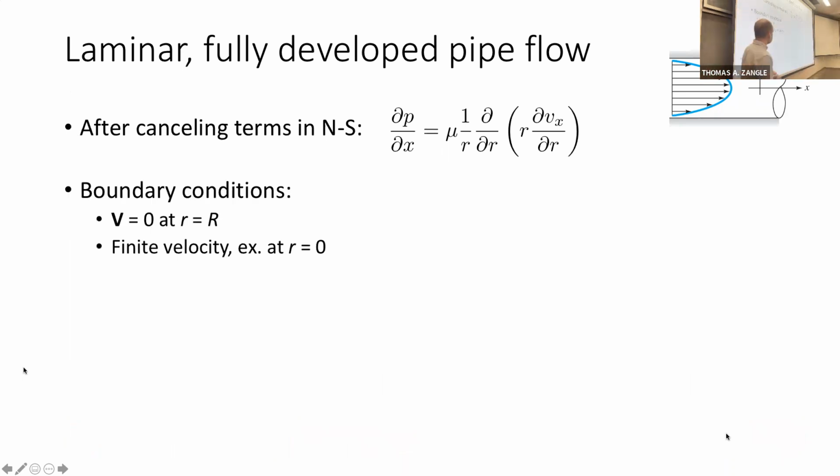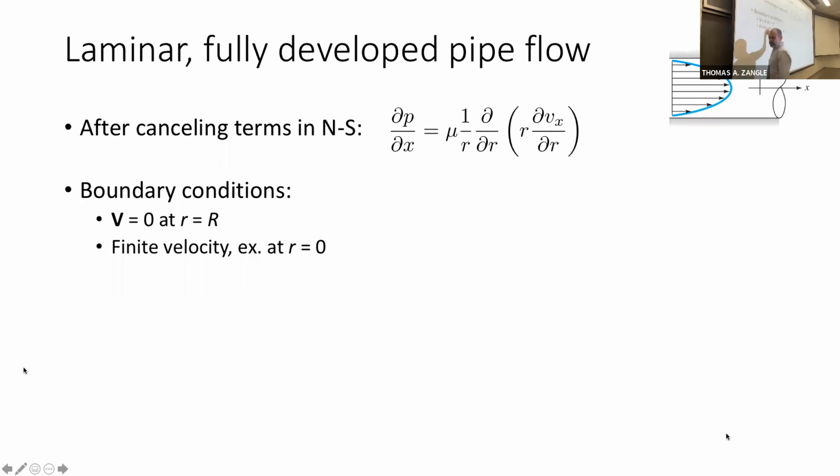Okay, and now we need boundary conditions to apply this equation, right? Our boundary conditions are going to be no slip at r equals R. So if the pipe is stationary, that means the velocity is 0 at the big radius, big R, at the radius of the pipe.